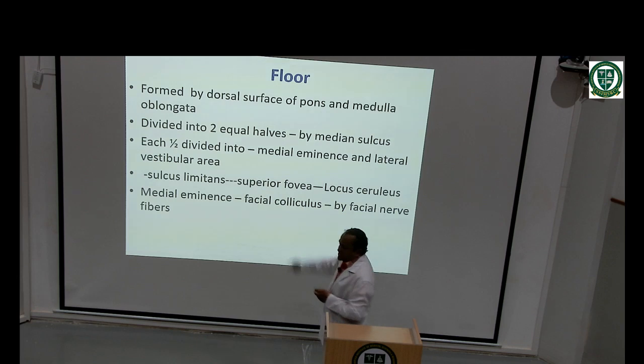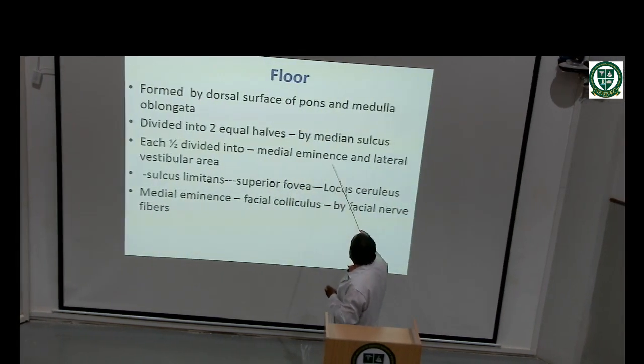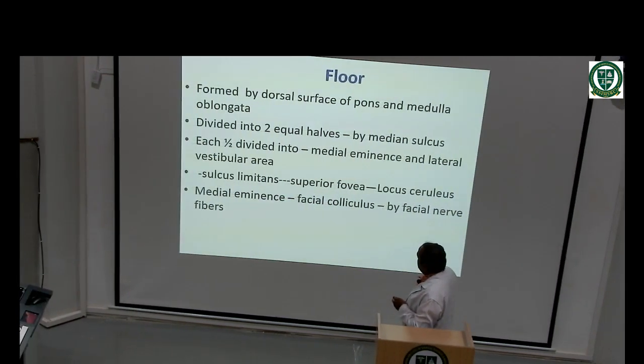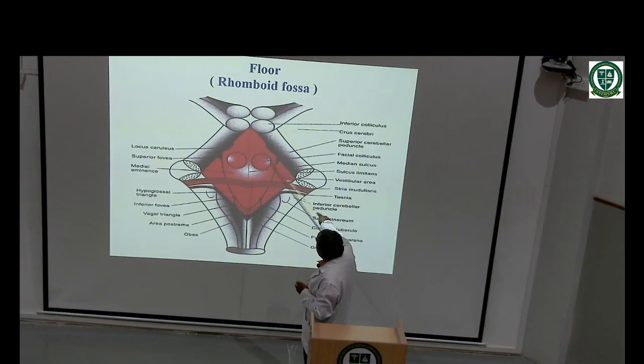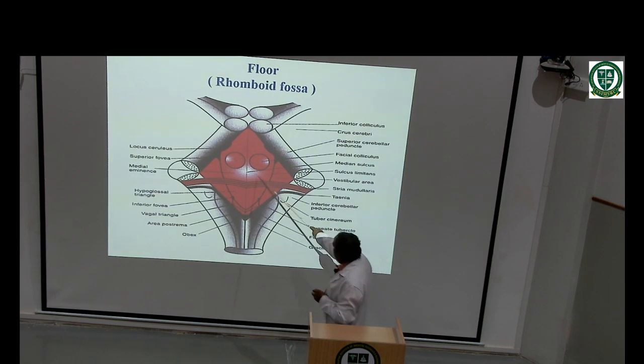Again, each half in the upper part is divided into the medial eminence and the lateral vestibular area. This is the medial eminence, and this part is the vestibular area. In between these two there is one sulcus running downwards.